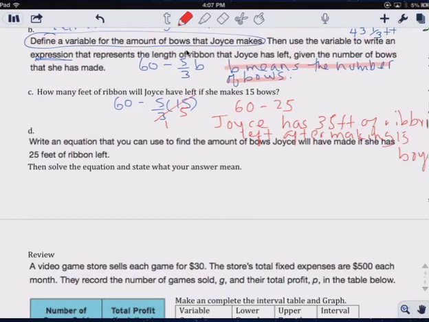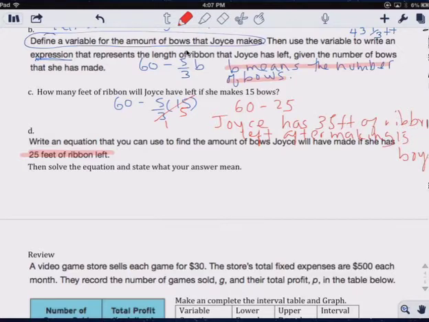Write an equation that you can use to find the number of bows Joyce will have made if she has 25 feet of ribbon left. Then solve the equation and state your answer.